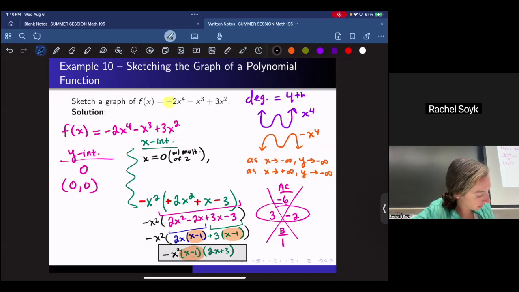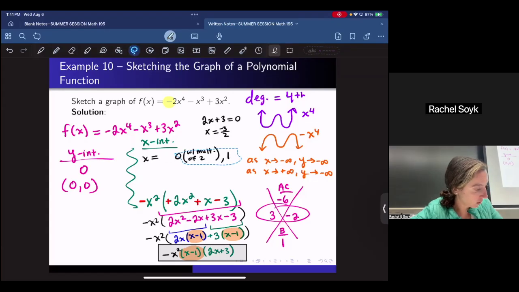And then we have x equals 1. And then we have this 2x plus 3. If we set that equal to 0, it ends up being fractional. You get negative 3 over 2, which is smaller than all of the others, so I'm going to put it first so that it's in ascending order.